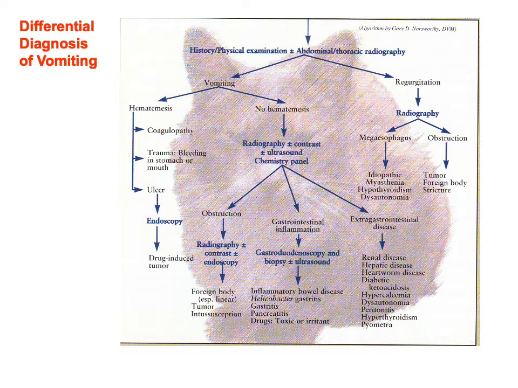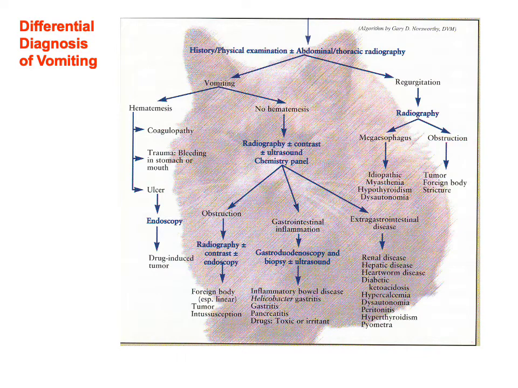If this is a regurgitation, by using radiography we have to differentiate between megaesophagus or an obstruction by tumor or foreign body. If it's a vomiting, you have to see whether it is a hematemesis, blood in the content, or no hematemesis.